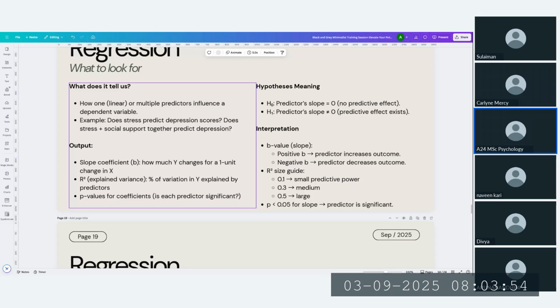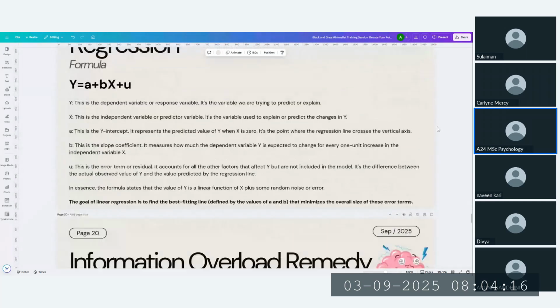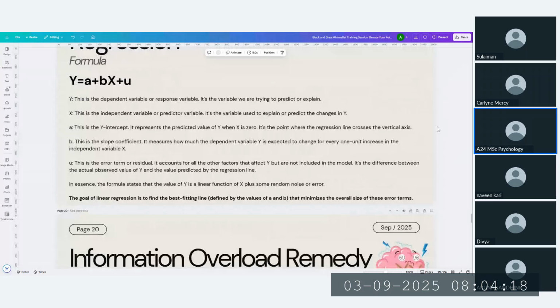R squared tells us how much this particular factor is explained by the various variables. So 0.1 means there is a small predictive power, 0.3 medium, 0.5 large, and of course, like we said, p-value. So finally, the goal of regression is to find the best fitting line, right? You are trying to minimize the error and predict what will happen next.